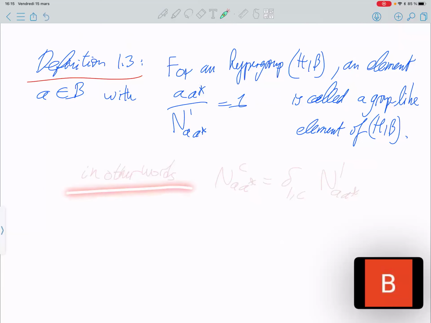So this is much better. Let me write that: n A star C is equal to the Kronecker delta delta 1C times n A star 1.